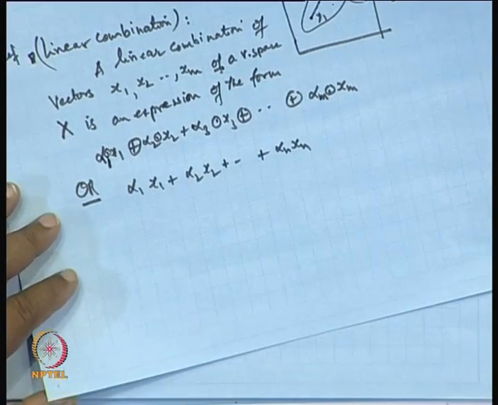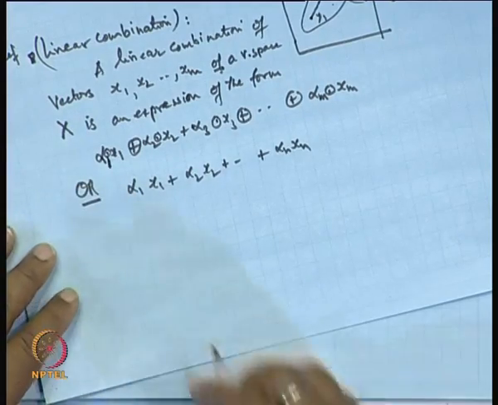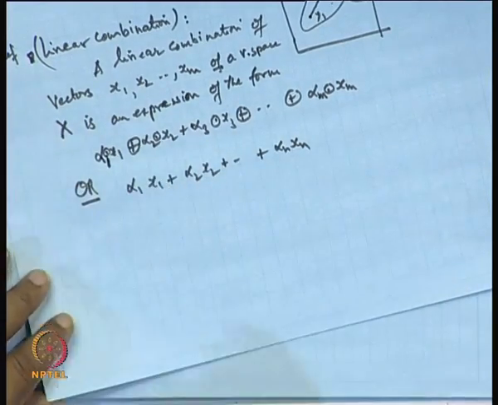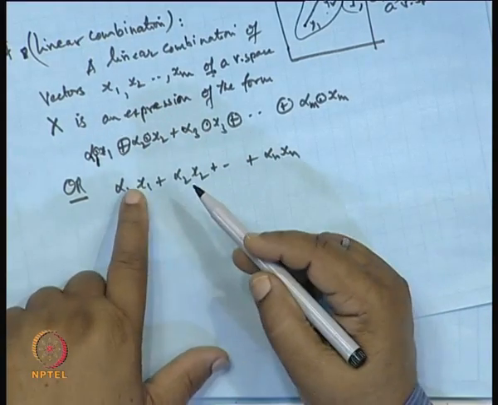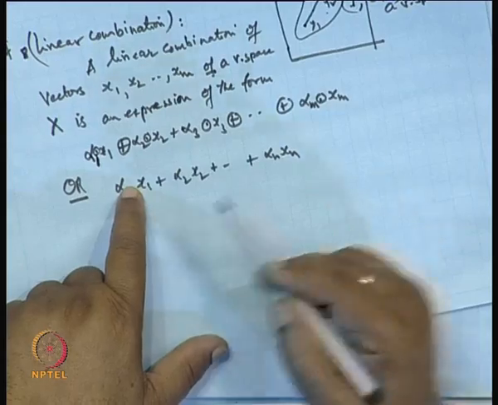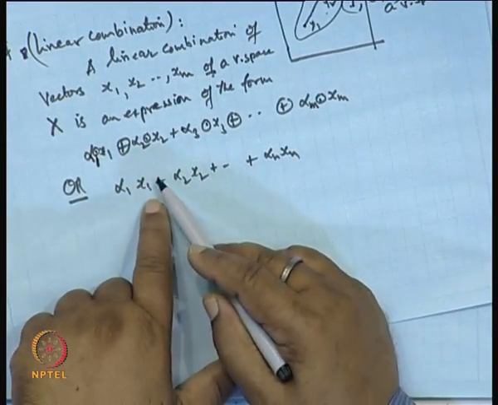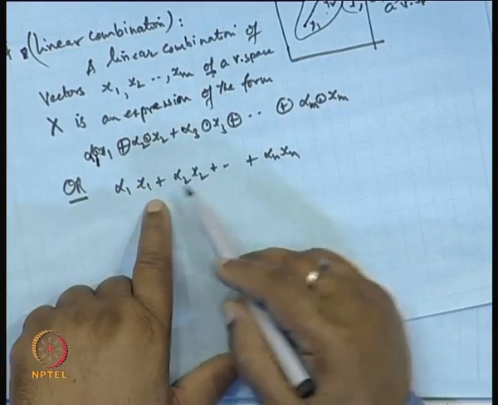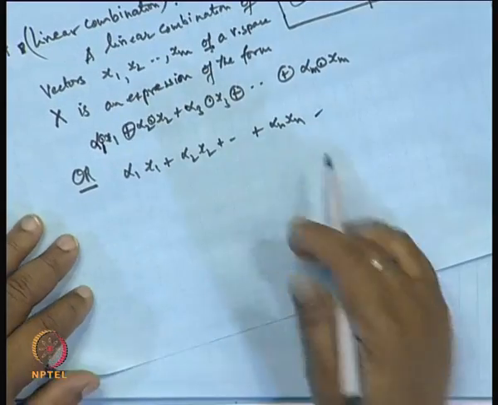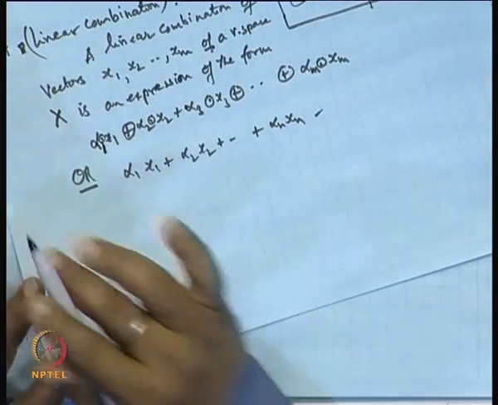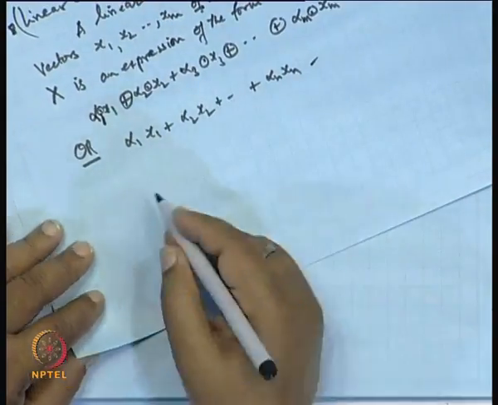It is more attractive rather than to use this circle and plus, but the understanding is that between alpha and x 1 the scalar product is defined, because this is one vector, this is another vector, and the addition is the vector addition. So, this is the understanding. Okay. So, henceforth we will use simply plus or dot without any circle.